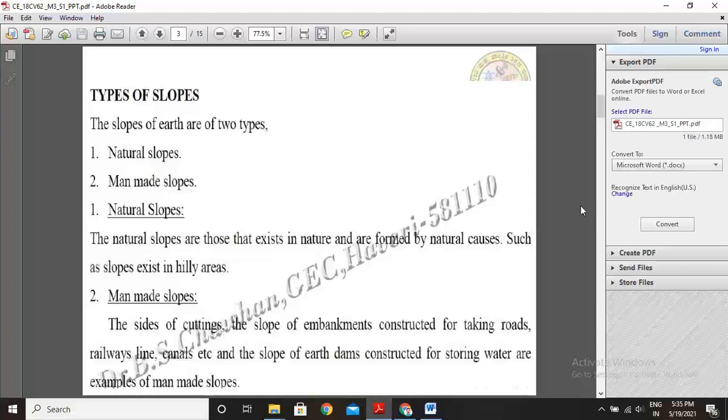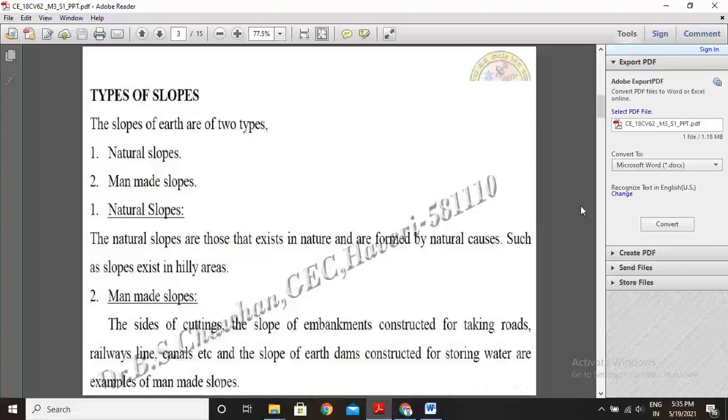The second type of slope is man-made slopes. The sides of cuttings, the slopes of embankments constructed for taking roads, railway lines, canals, etc., and the slopes of earth dams constructed for storing water are examples of man-made slopes.